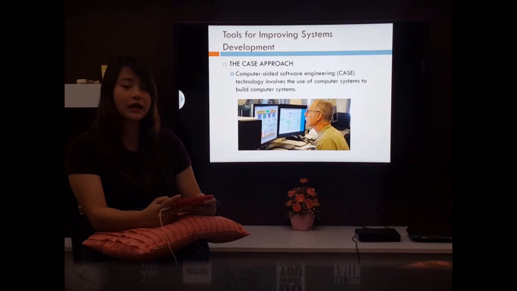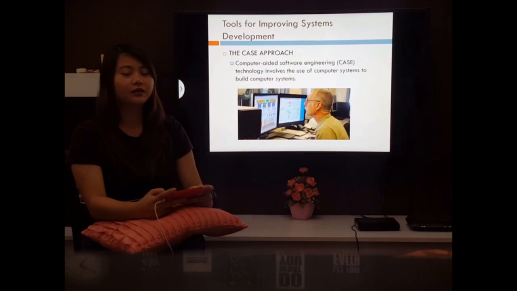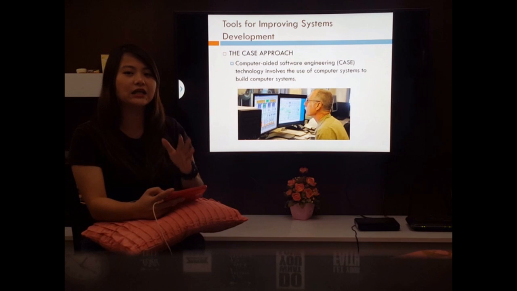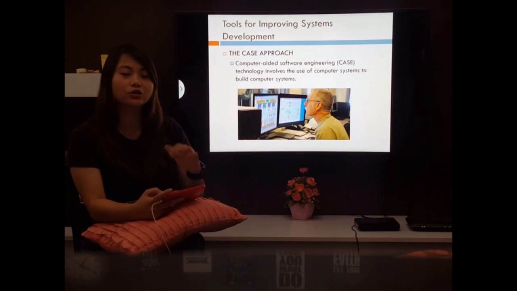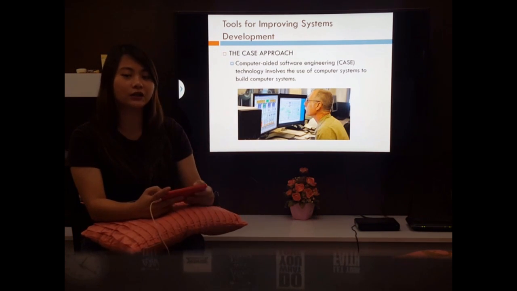Next is the CASE approach, or the computer-aided software engineering. It is a technology that involves the use of a computer system to build computer systems. CASE tools are commercial software products consisting of highly integrated applications that support a wide range of activities of the SDLC.